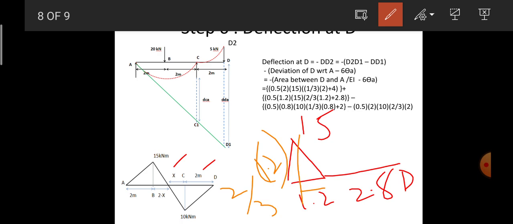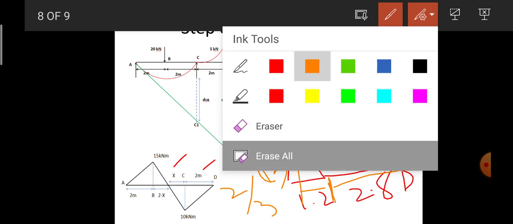But my reference is point D, so we need to add the remaining distance of 2.8. So the area will be half into 1.2 into 15 into 2/3 of 1.2 plus 2.8.